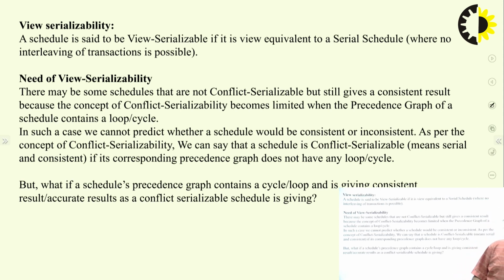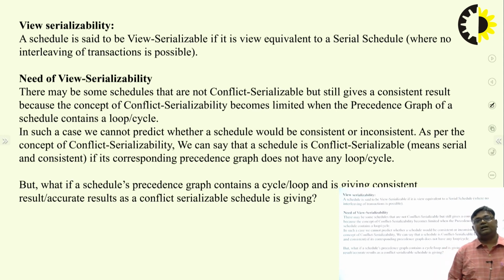To detect whether a schedule is conflict serializable or not, we draw a precedence graph. If the precedence graph shows a cycle, that means it is not conflict serializable, meaning it cannot be changed into a serial schedule, but it can still be in a consistent state.